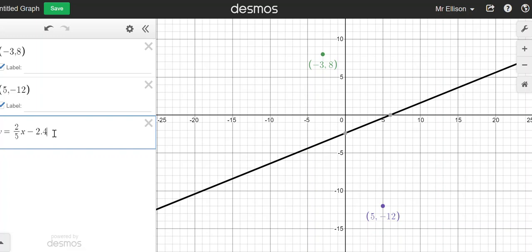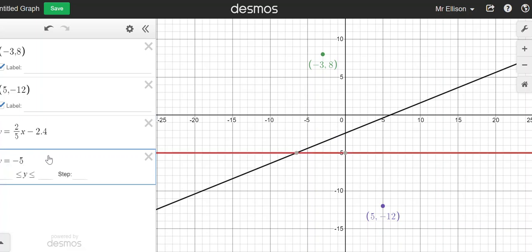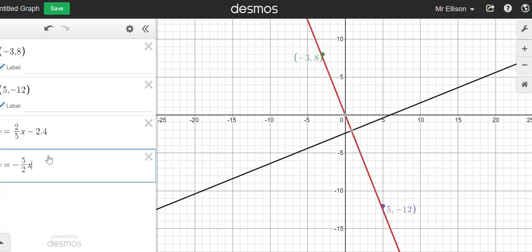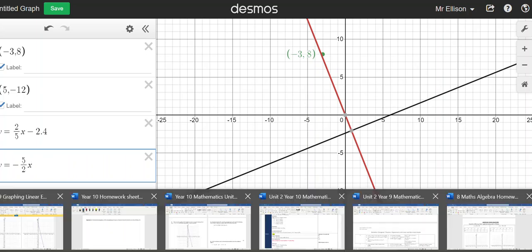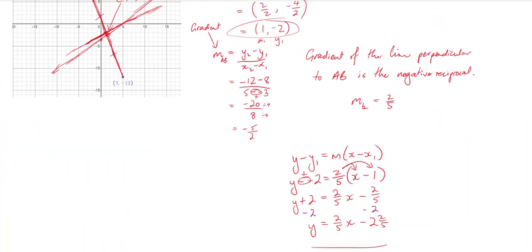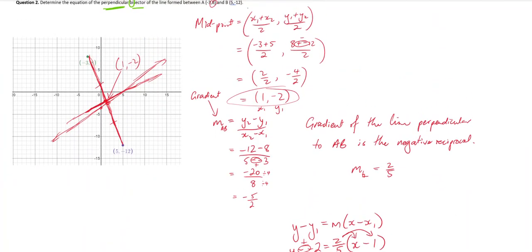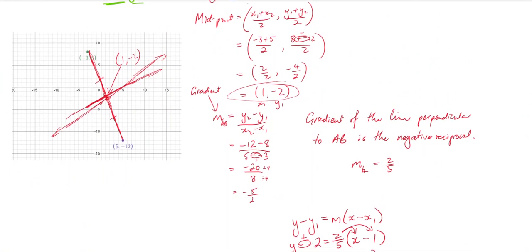So yeah, we can see pretty well from that. I might just put in the equation of the line that we had before, and I've got to go back and check what it was. Over here, the equation of that line. Oh, I didn't work out what the equation was.